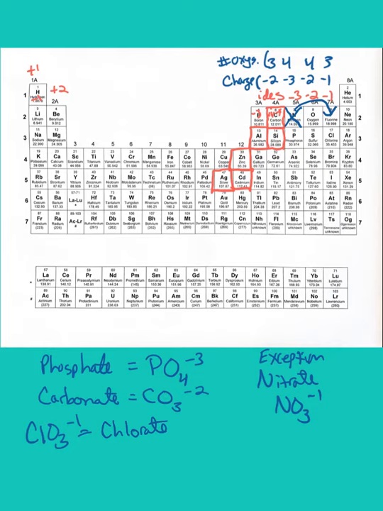But if I gave you SO3 minus 2, let's check if that is sulfate. Here's sulfur. SO4 minus 2. So this is not sulfate. So for now, until we learn what SO3 is, you are just going to write not applicable because we haven't learned that ion yet. Okay, so you can't just assume that because it has oxygens that it's an ate. You have to check, because I am going to give you ones that are not. Okay, so you have to check.